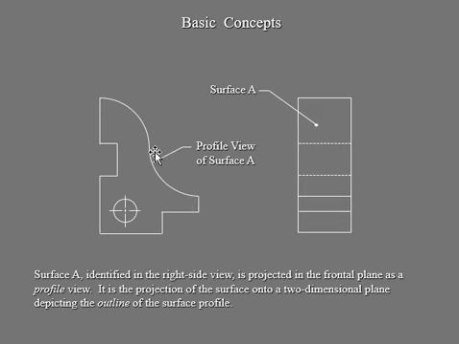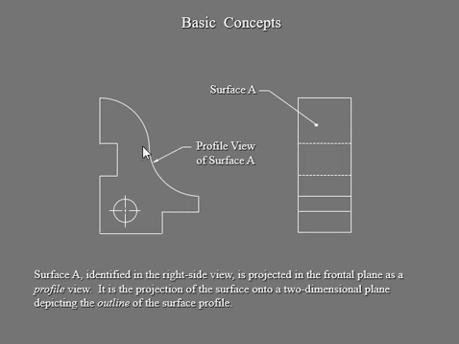So your surface A is identified in the right side view, and it's projected in your front, frontal plane. And you can see the frontal plane, which in this example is your profile view, because we can see the profile. Look at that, see the contour right there, the first contour like that, the second contour like this.